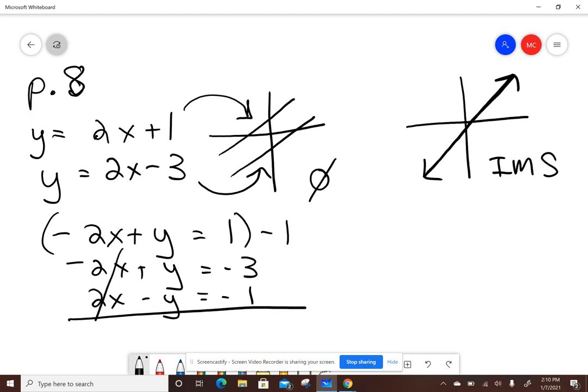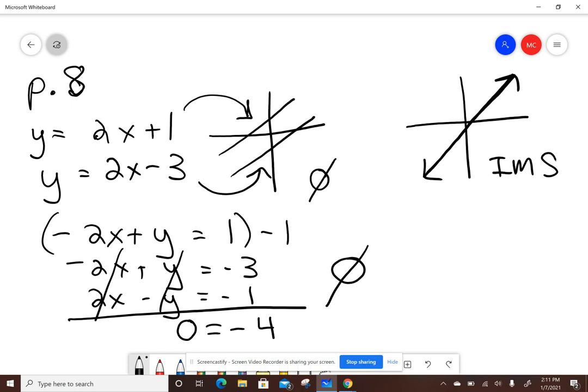When I go to eliminate my x's, I realize my y's eliminate too. And I end up with this type of solution where the variable disappears and it's a false statement. So I would end up with 0 equals -4, which is false. And since that's a false statement, there's no solution.